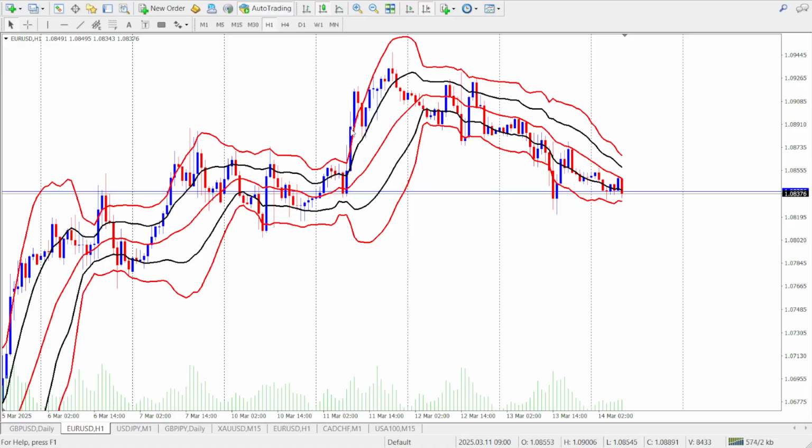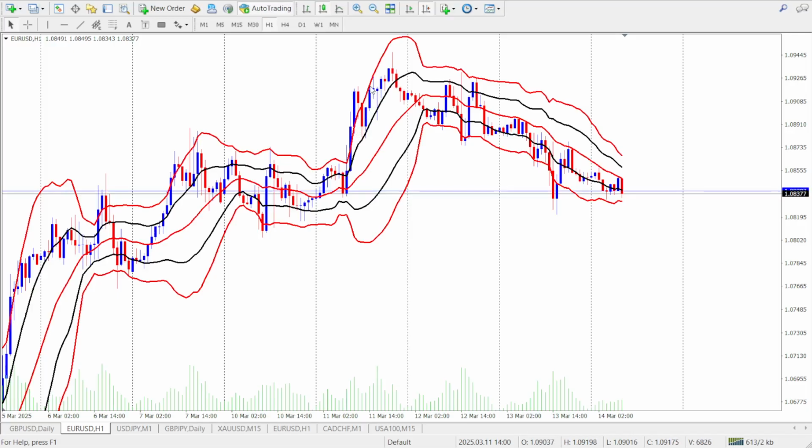Remember that this highest band is the upper band of the Bollinger Bands with the 2 standard deviation, while the second band is the upper band of the Bollinger Bands with the 1 standard deviation. So when price is within this first zone, this is the strong bullish zone, meaning there is a strong uptrend.